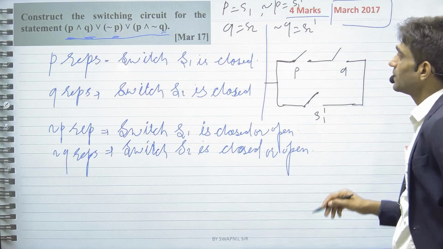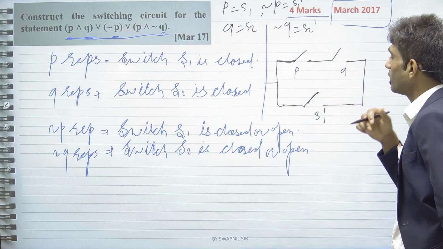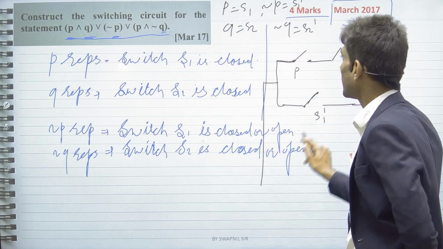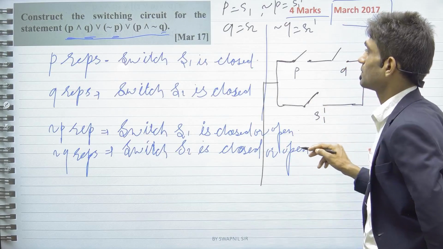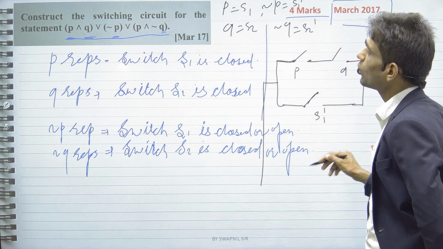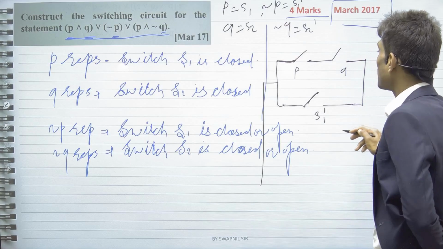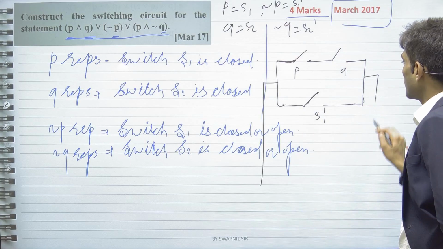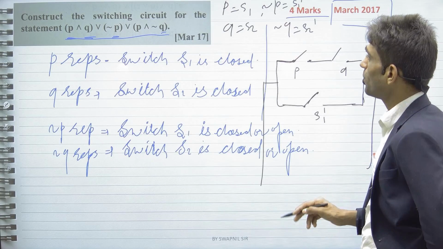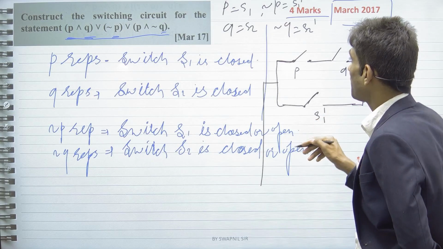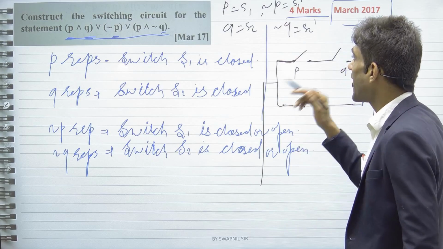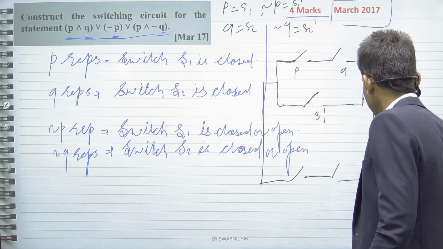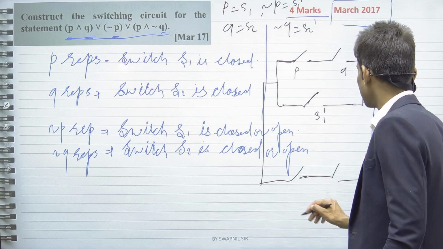Next after that OR, again we have an OR sign for this circuit. The OR sign means it goes to the downside. So negation of P or P and negation of Q. Between P and negation of Q we have AND, that means these are series connections.